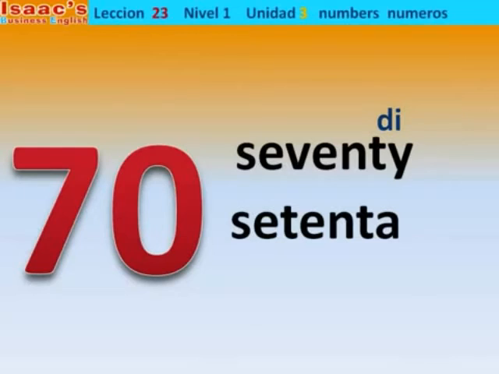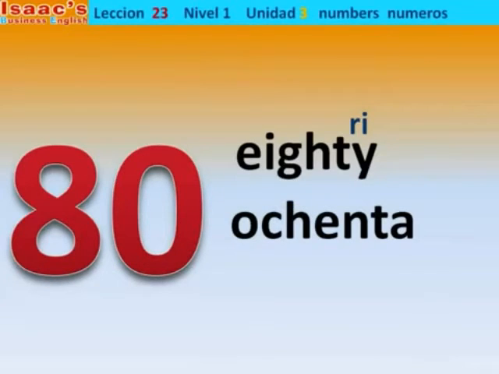Notice that the ending is now with DI. La terminación ahora es con DI en 70. Es el único número que termina en su pronunciación con DI. 80. De nuevo con RI la terminación.